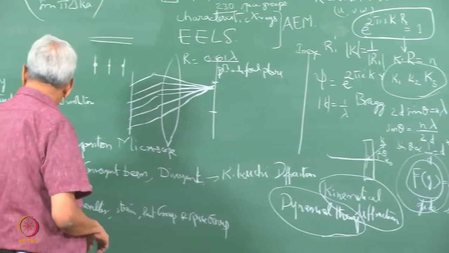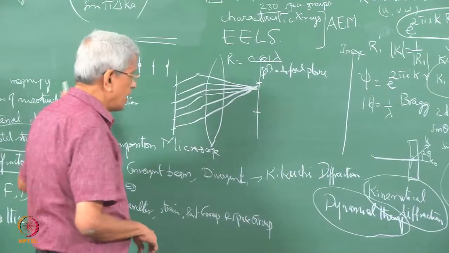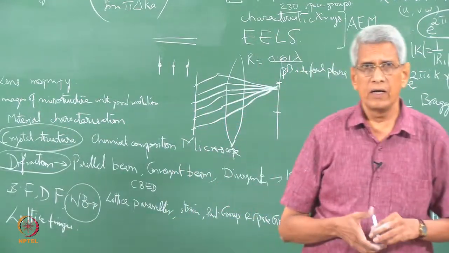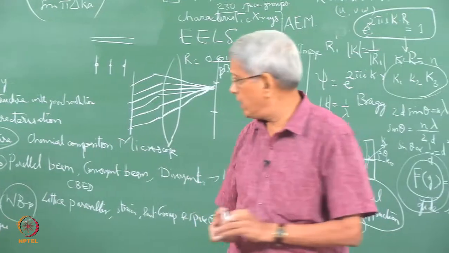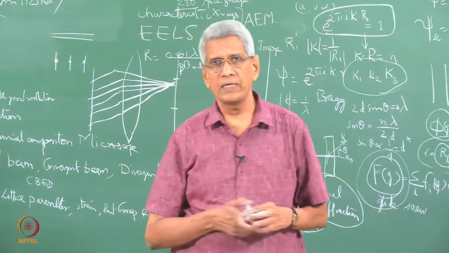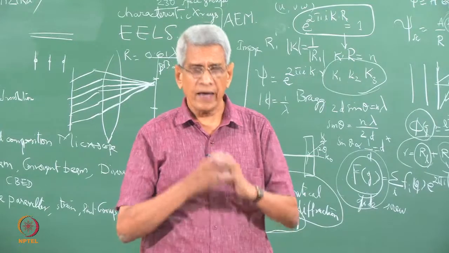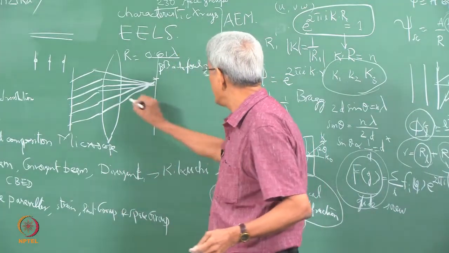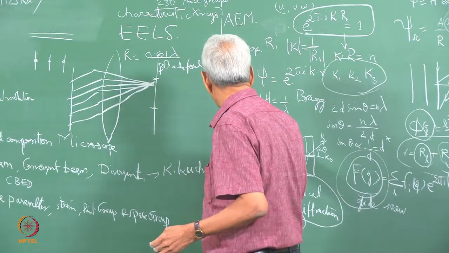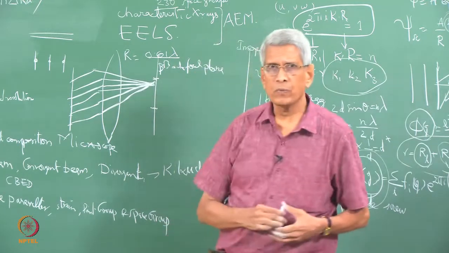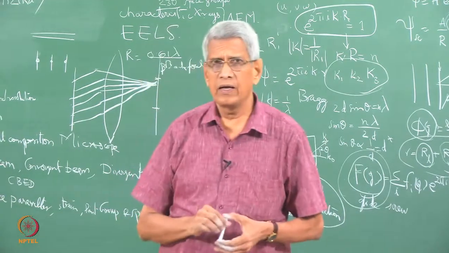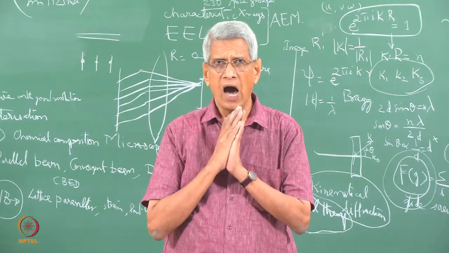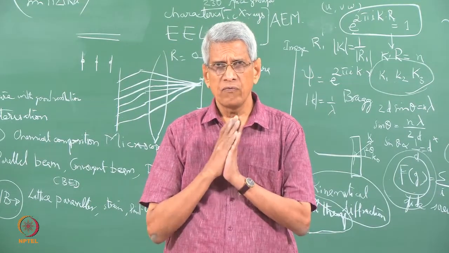Similarly, if we use the imaging capability of the microscope, because as I mentioned, the image plane is the one in which the rays scattered in different directions are brought to a focus, by choosing either a transmitted or a diffracted beam, we can get images.